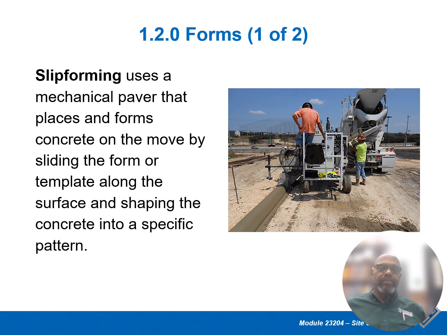So a company that does a lot of parking lots or builds highways would certainly have one to form the curbs and gutters. Slip forming uses a mechanical paver that places the formed concrete on the move by sliding the form or template along the surface and shaping the concrete into a specific pattern.